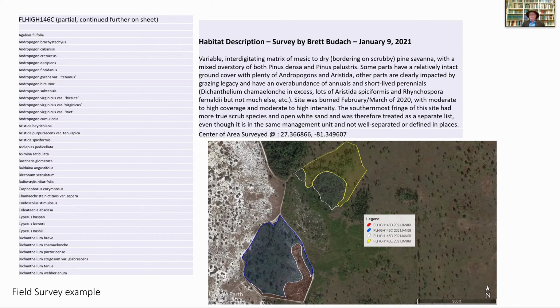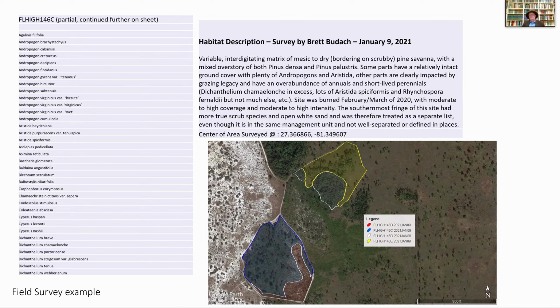We're continuing to collect new data of this type in order to add to these projects. And this is what it'll take in order to get that kind of level of information for the flora. In this case, my colleague Brett Budak went out on January the 9th and surveyed the flora of 4 polygons within the Royce Ranch unit of Lake Wales Ridge Wildlife Environmental Area, and did a species list, just part is shown there, and a description of the habitats, and then he mapped where each species list was taken from.